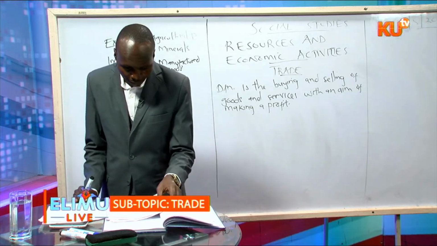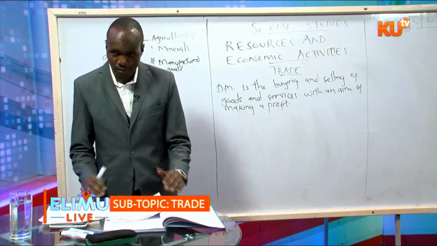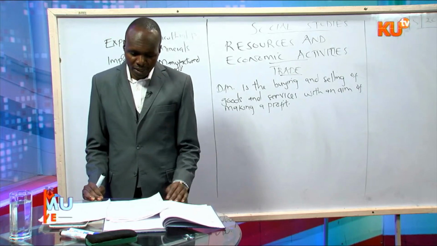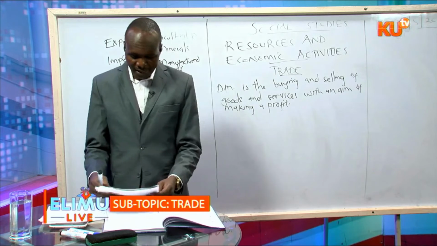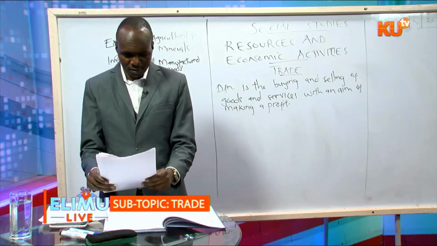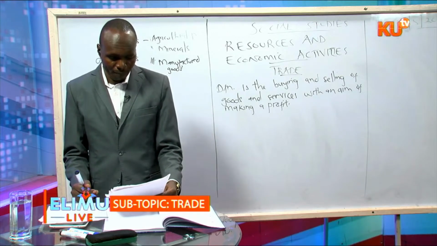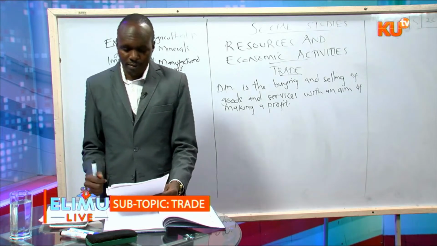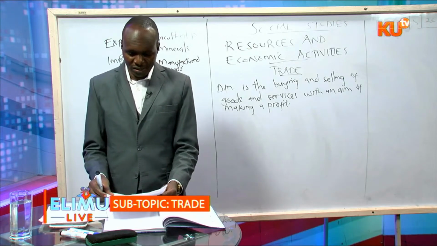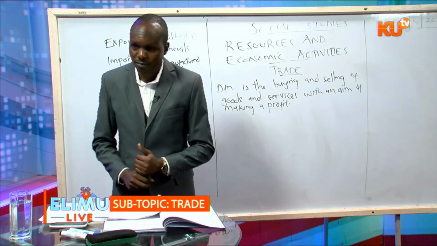We also have heavy machineries, iron and steel, fertilizers, motor vehicles, electronic equipment, paper, wheat, rice, machines, and spare parts.